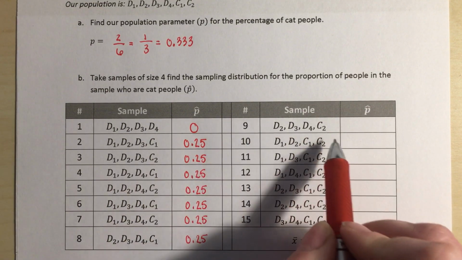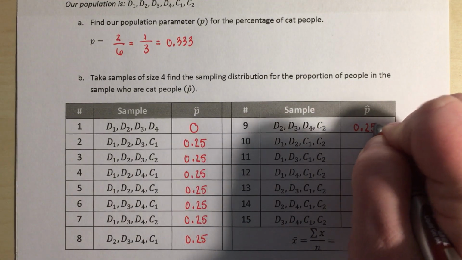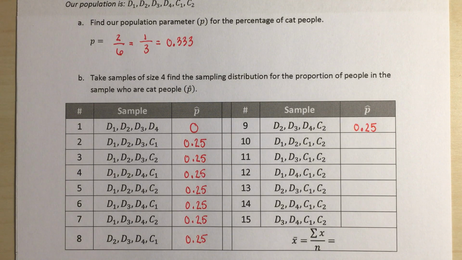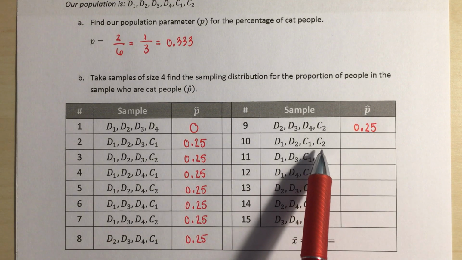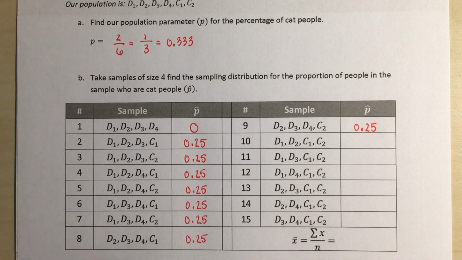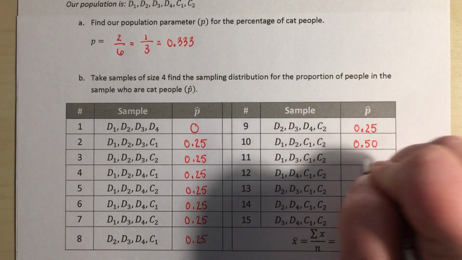We look at our 9th sample over here. We still have 1 cat person, 3 dog people, so that's also 0.25. Then if we look at samples 10 through 15, notice that we have 2 cat people and 2 dog people. So 2 out of 4, or 1/2, gives us 0.50 for the rest of these.